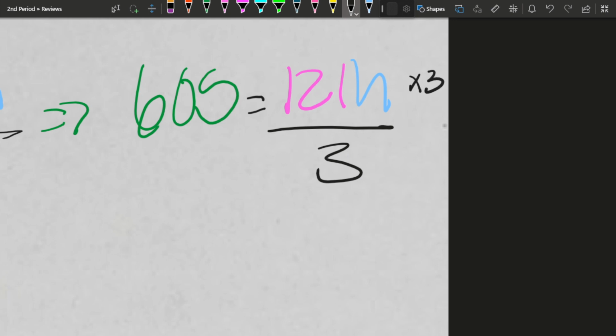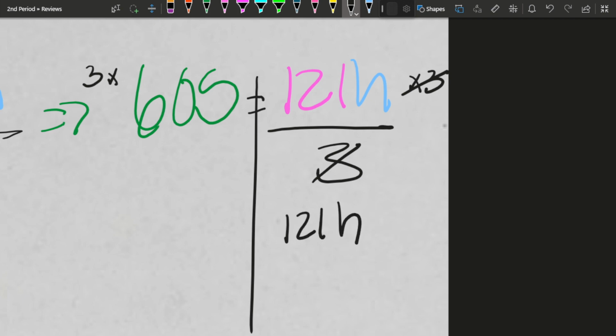What I do to one side, do to the other side. Notice, I'm not going to multiply 121 times 3. I'm just doing it right here so I can cross it out. Make your line right here and bring this along. 121H and then 605 times 3 gives us 1815.